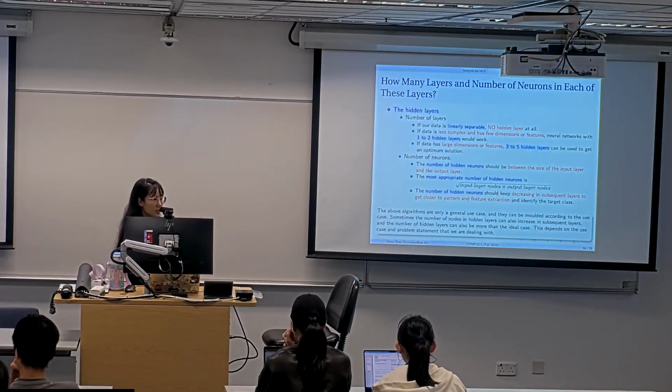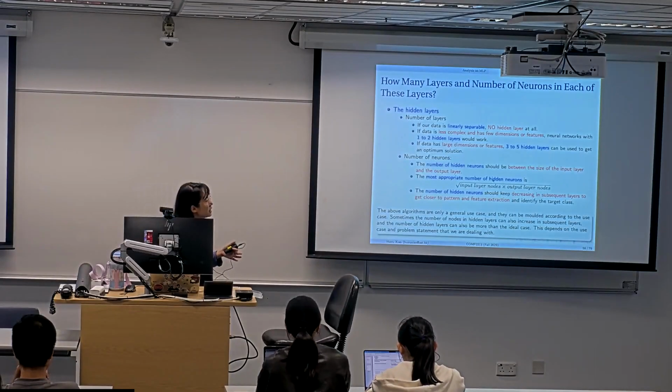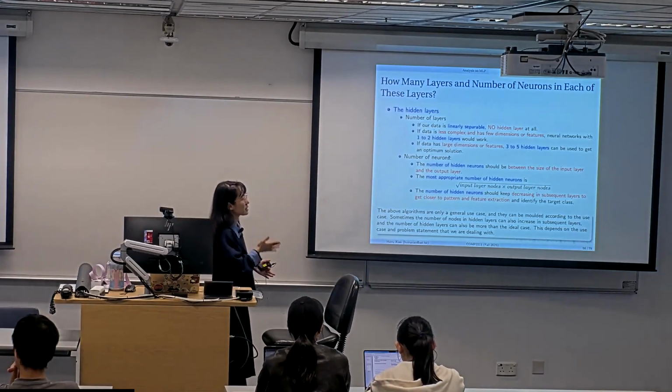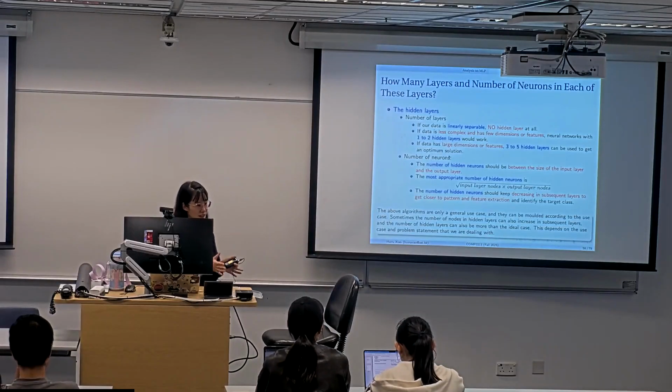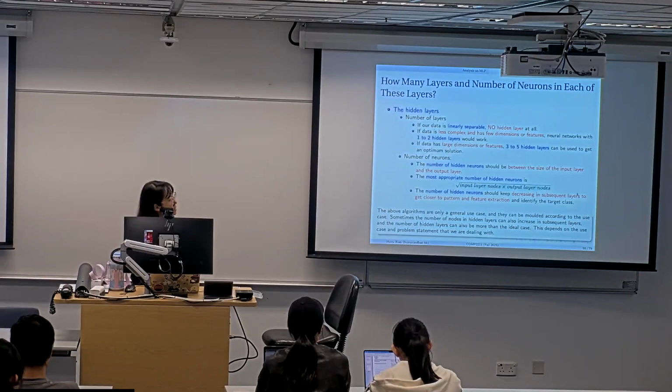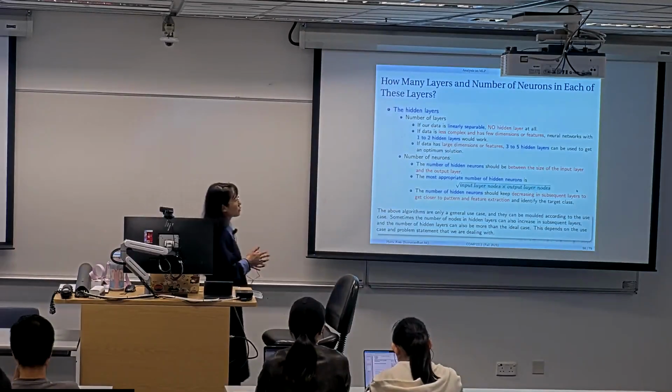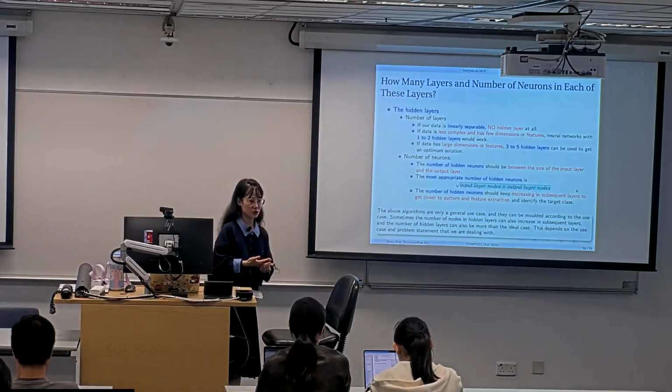For the number of neurons, we have these rules. The number of hidden neurons is better between the size of the input layer and the output layer, keeping decreasing, and the most appropriate number of hidden neurons is possibly the square root of input layer nodes times output layer nodes.